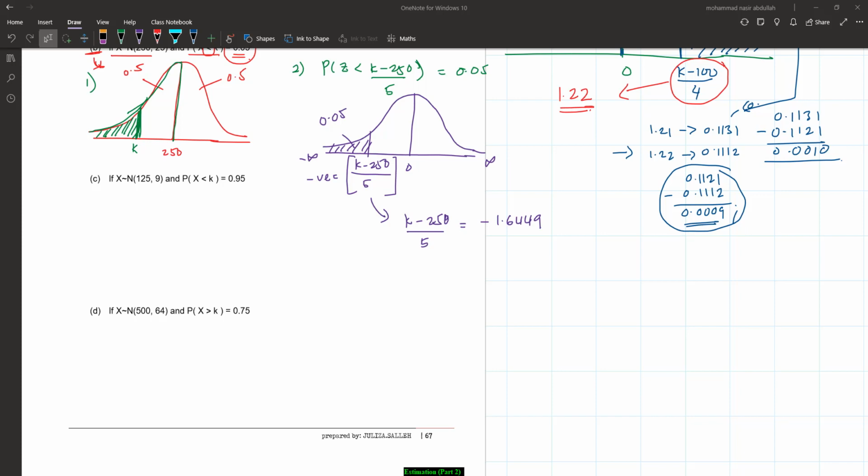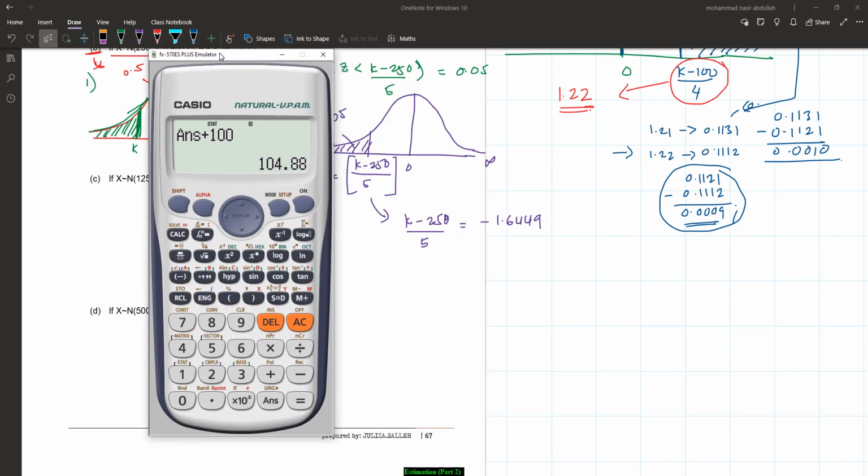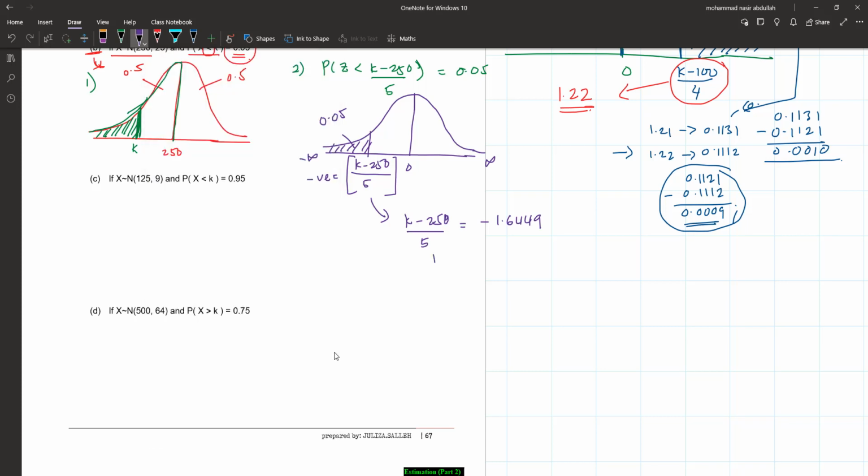Right? So now we can do the manipulation to find K. So K is equal to negative 1.6449 multiplied with 5 plus 250. So K is 241.775.